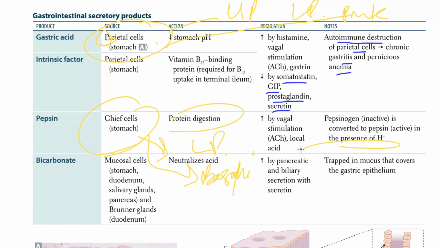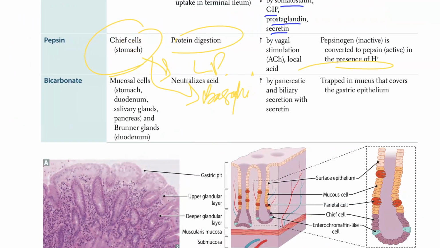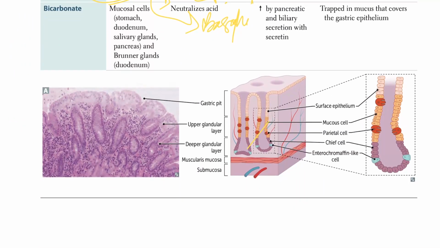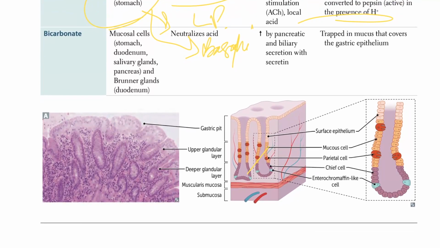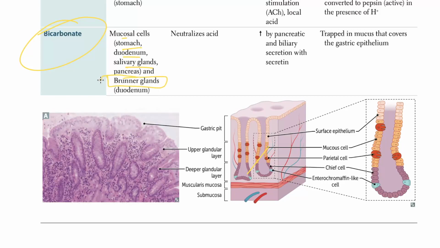So let's talk about bicarb now. Let me erase this. Bicarb, that is coming from mucosal cells of the stomach, duodenum, salivary glands, the pancreas, and the Brunner glands.